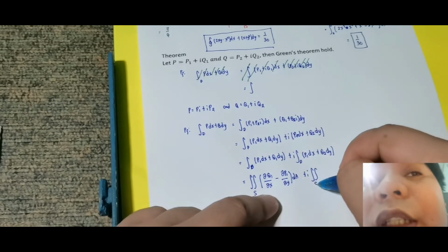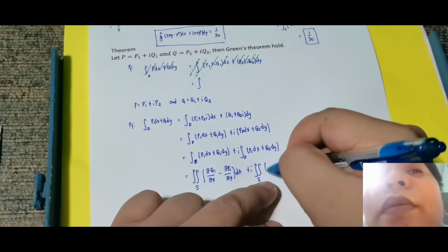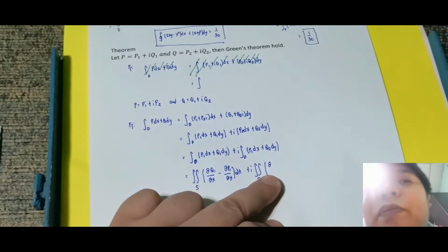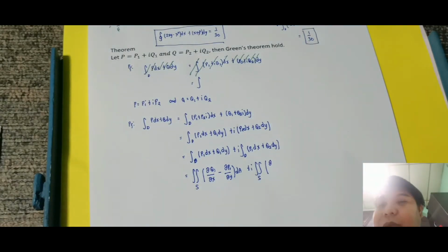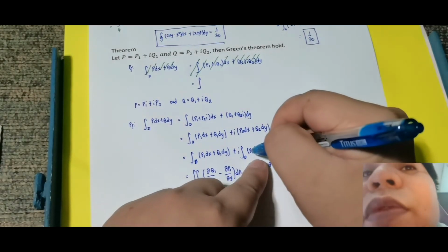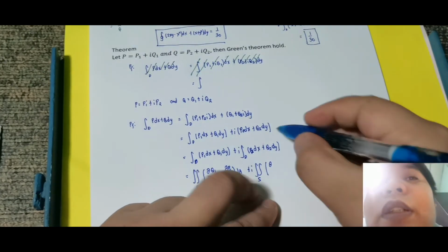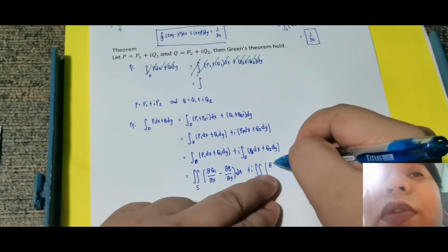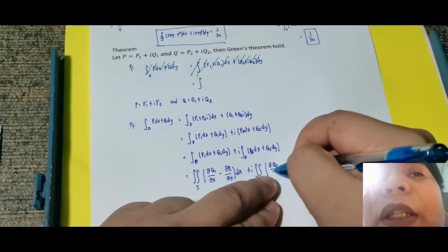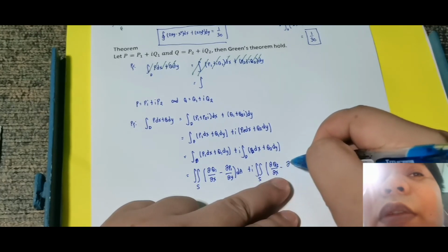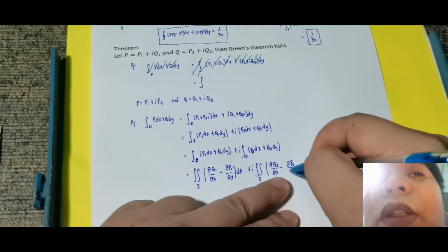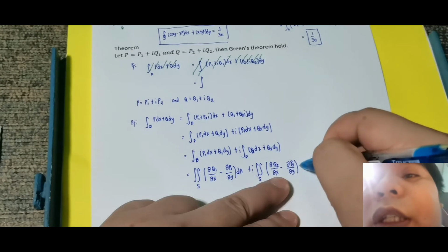So along surface na kasi siya. Okay, then this is partial of P sub 2 pala to, sorry. So partial of Q sub 2 with respect sa x minus partial of P sub 2 with respect sa y dA.